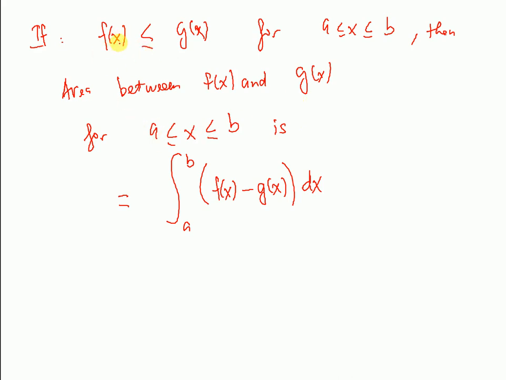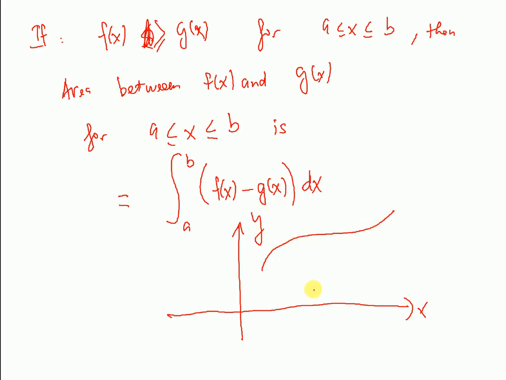If the function f of x is, sorry, it should be bigger than the function g of x from a to b, then the area between f and g should be f of x minus g of x multiplied by dx from a to b. So if you draw out the function, I have this is f of x, and somehow this is g of x, right?